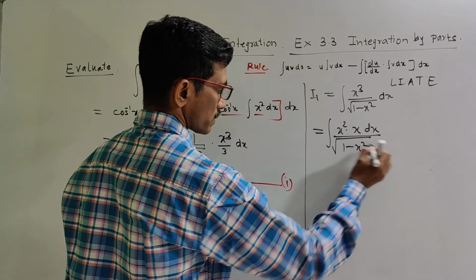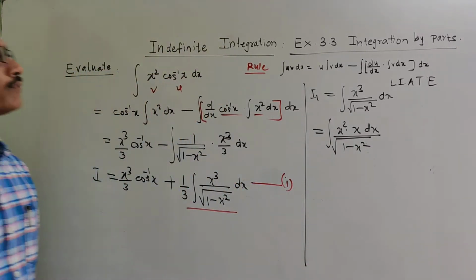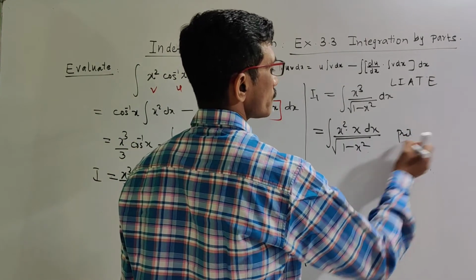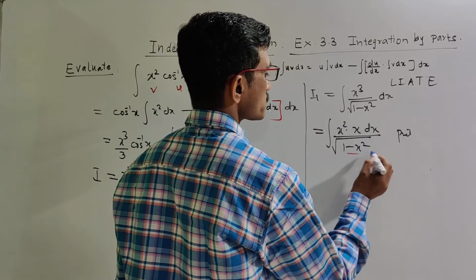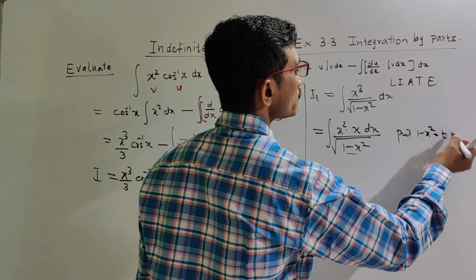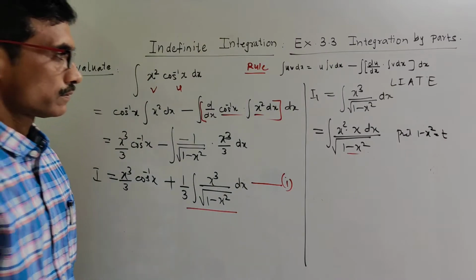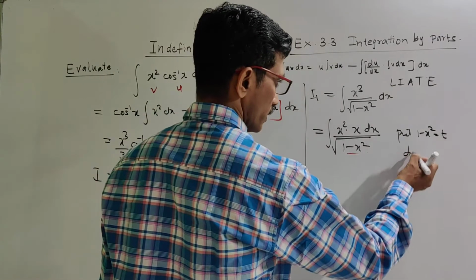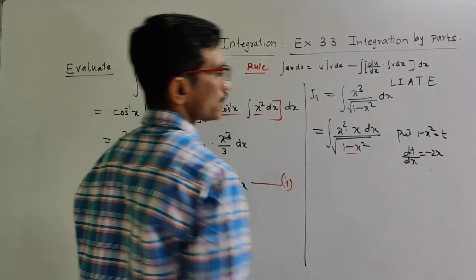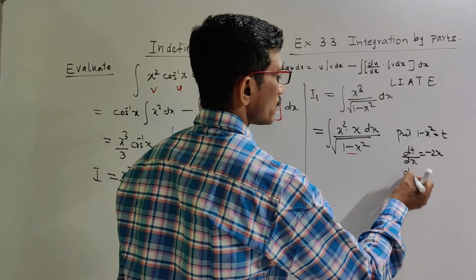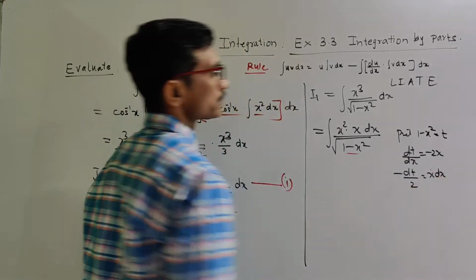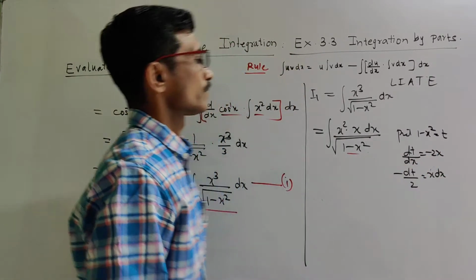Here we put t equal to 1 minus x square. Therefore dt by dx will be equal to minus 2x, and minus dt upon 2 is x dx.